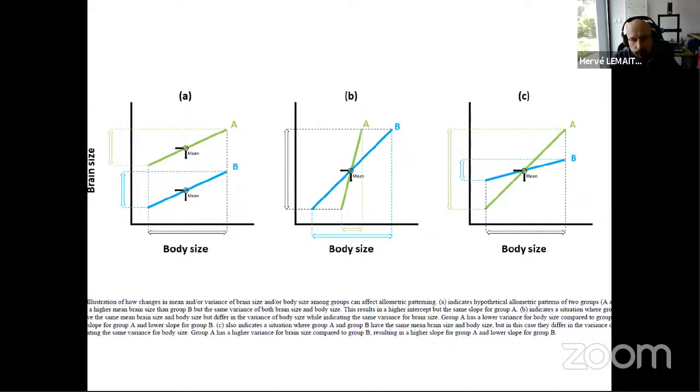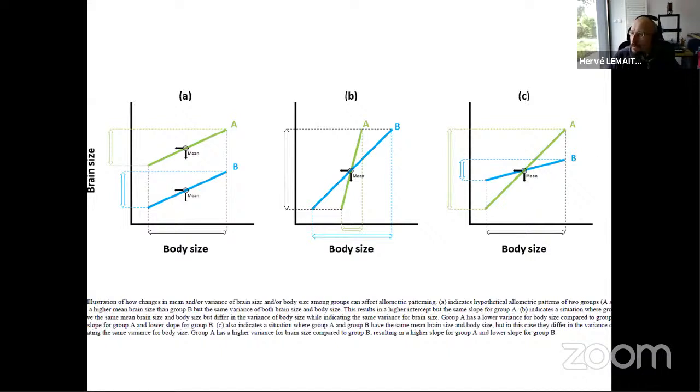One sentence I remember is they wanted to demonstrate how changes in the cross-species variance of a trait between groups affect shift in slope and may reveal possible selective pressure. So here again, these three elements: variance, shift in slope, and selective pressure. And so you have different scenarios.